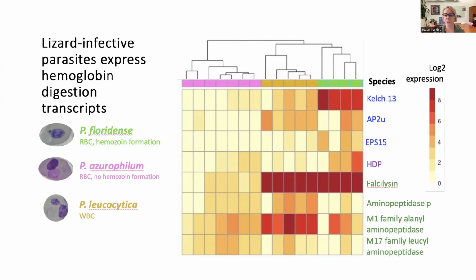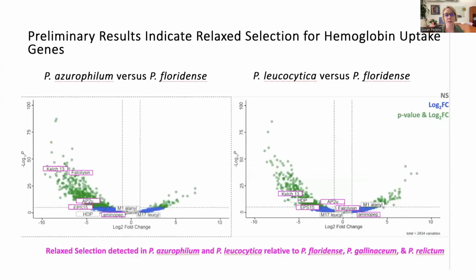So we see upregulation, the dark red colors, and the green on the top represents Plasmodium floridense. That's expected because these parasites we know are making hemozoin. But we're also seeing some upregulation of particularly this protein vasolysin in Plasmodium leucocytica, the white blood cell parasite. So that's a little bit strange. But one of the questions that Sarah is attacking now is looking for evidence of relaxed selection.